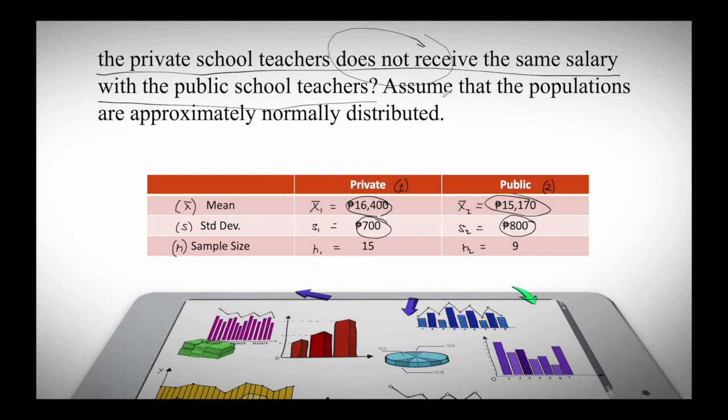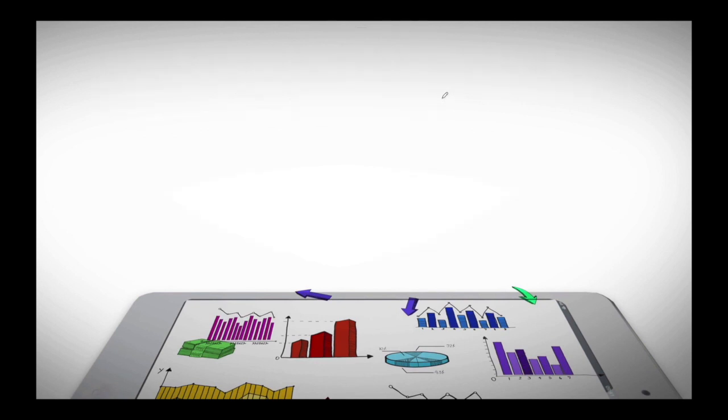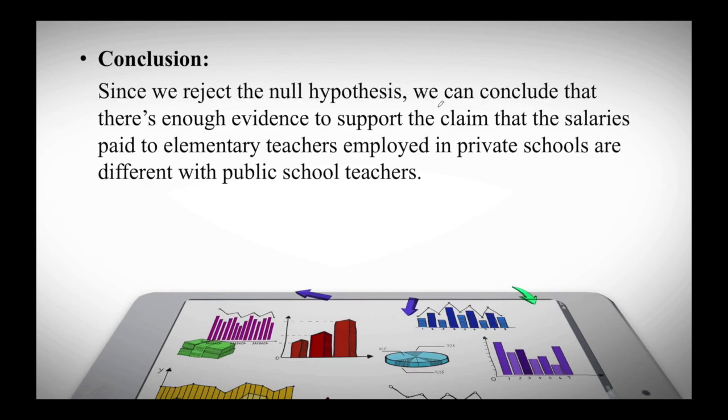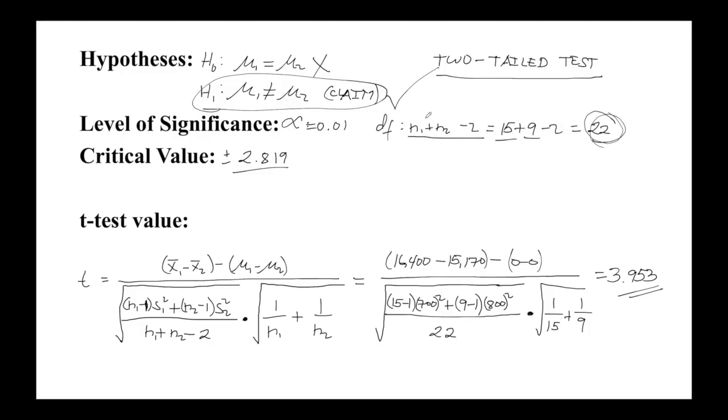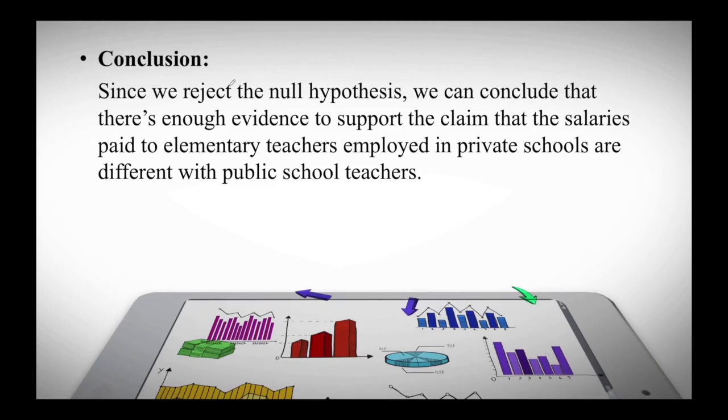Hence, because of that, as you can see sa ating statistical na computation, our conclusion will be: since we reject the null hypothesis, we can conclude that there is enough evidence to support the claim on the alternative hypothesis that the salaries paid to elementary teachers employed in private schools are different. No, magkaiba sila dahil nga ito yung claim, tama ito, and we use not equal sign. So, are different, no, with public school teachers.